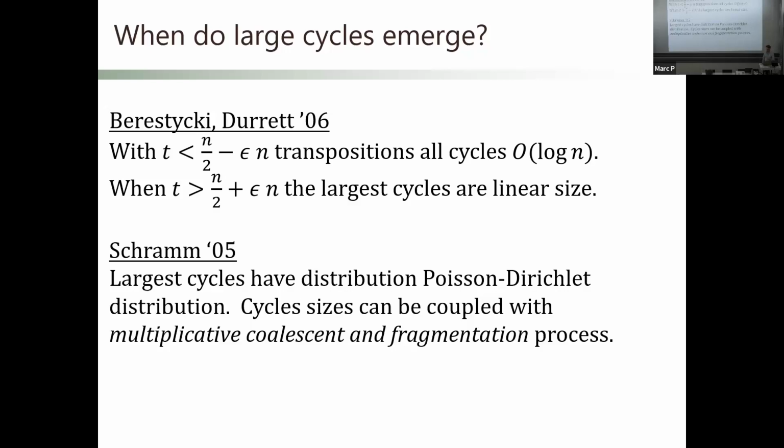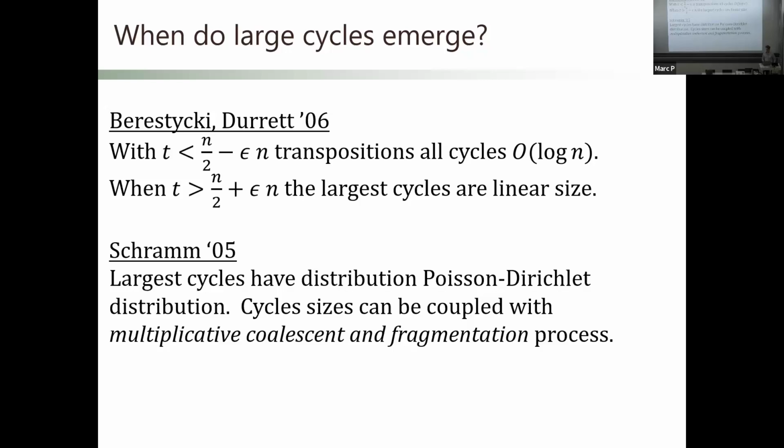And if you have a mass of size p, it will split in two pieces at rate p squared. And so Schramm showed you could couple this process with the cycle sizes in this dynamical random transposition process, and also that the Poisson-Dirichlet distribution was the only stationary distribution for this process.